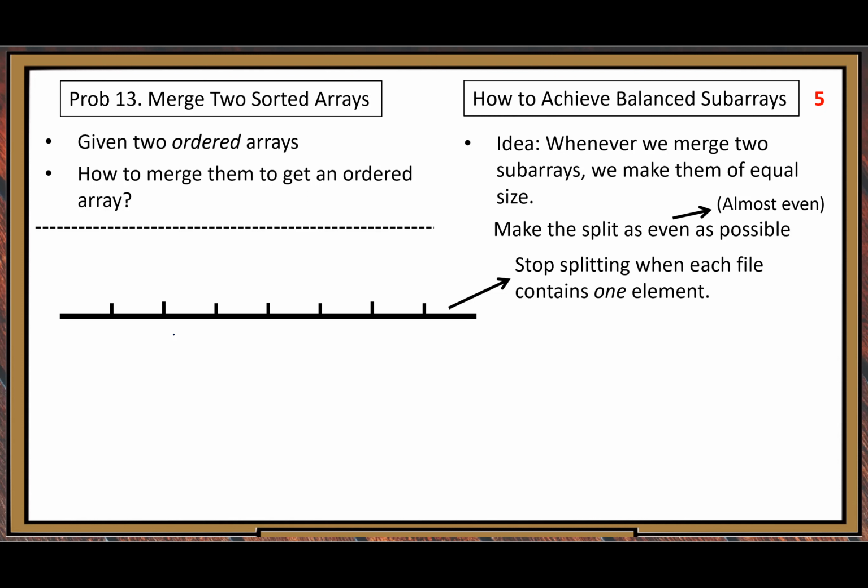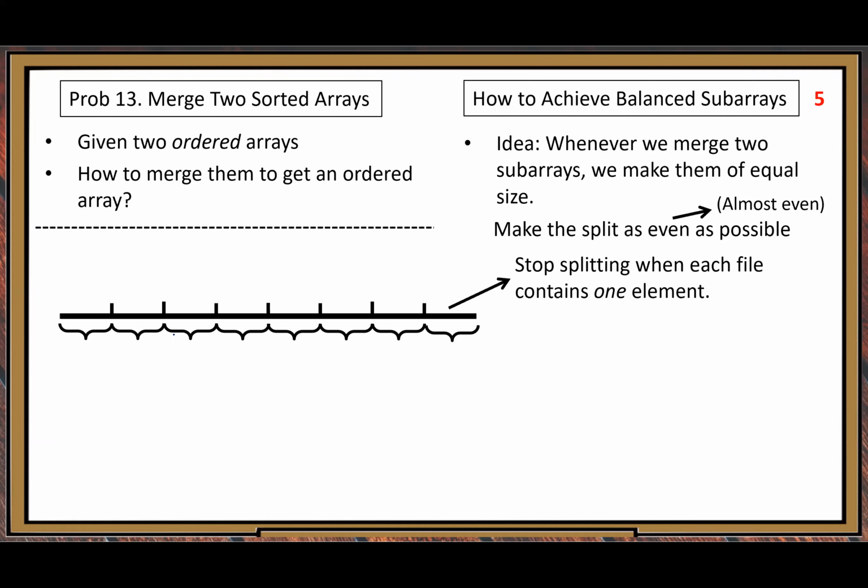After that, we can merge two adjacent sorted arrays. For a one element array, you do not need to do any comparison. One element array, we treat it as sorted, right? So after that, we merge two adjacent sorted arrays.